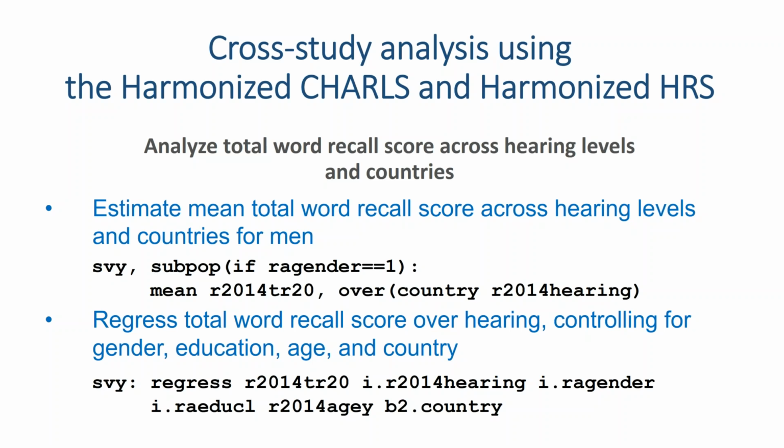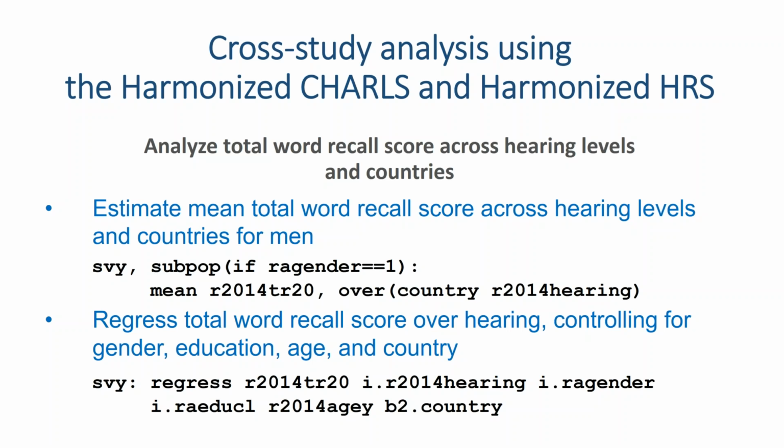R 2014 TR20 is our outcome of interest or dependent variable, so we're going to put that as our first variable. Then we include all of the independent variables. So R 2014 hearing, RA gender, RA EDUCL, R 2014 age Y, and country.